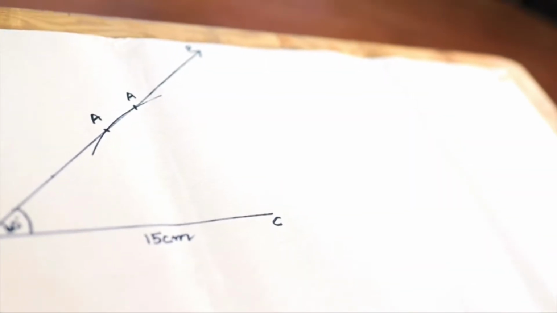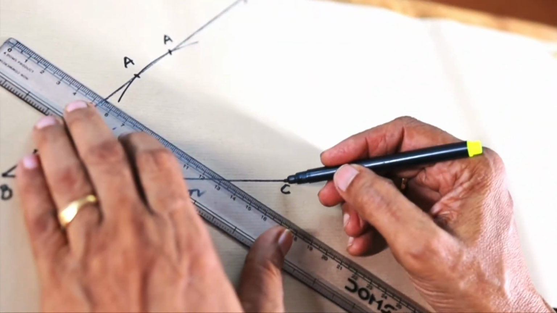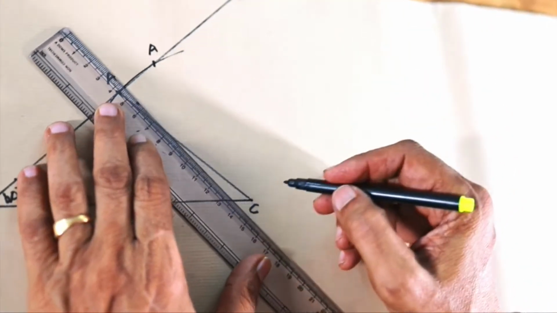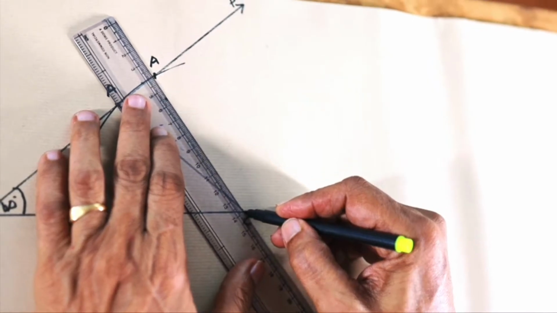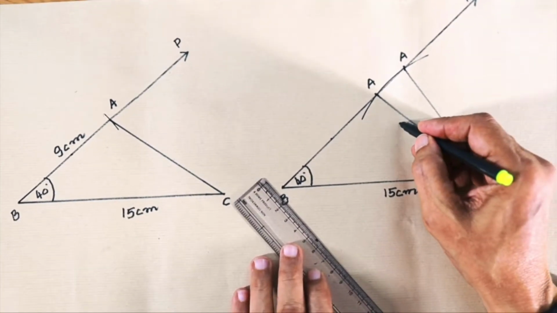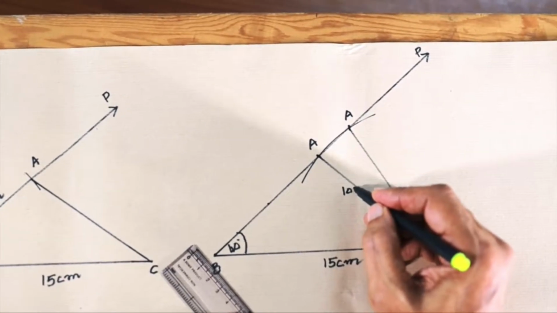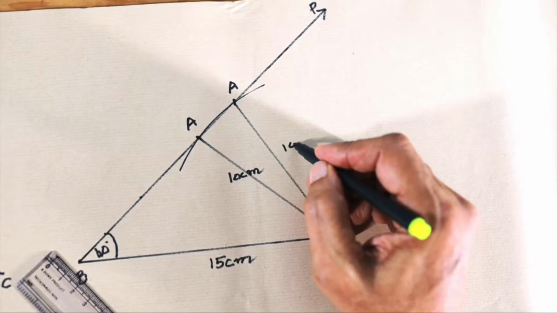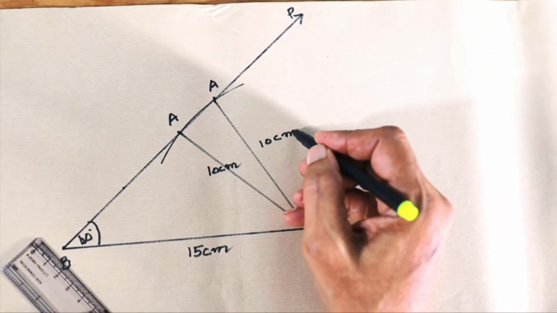It is all because the distance from C to A is, this is also 10 centimeter, this is also 10 centimeter. So this length is 10 centimeter and this is also 10 centimeter.